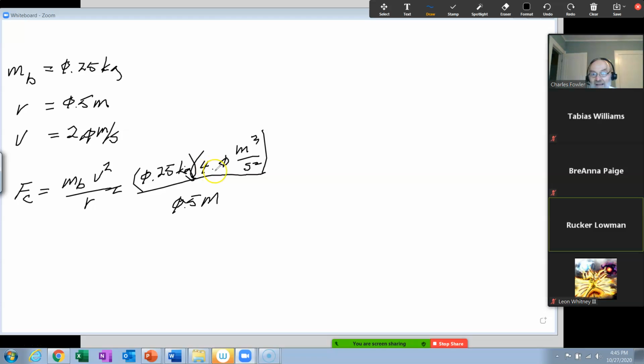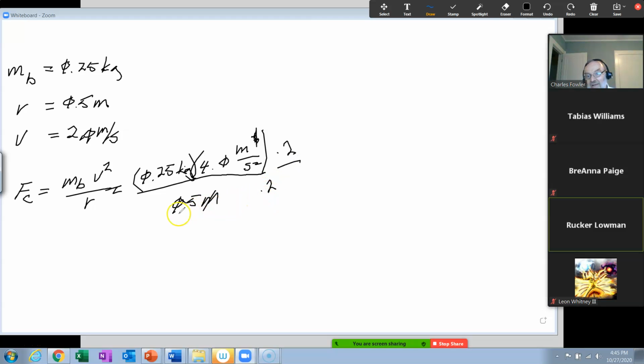Okay? Now, that is a square there. It looks like a cube, but that's a square. Meter squared per second squared. Well, this meter is going to cancel one of those meters out, leaving you just a meter. Now, I'm going to do something a little bizarre here. I'm going to multiply the denominator by 2 and the numerator by 2, because 2 over 2 is 1.